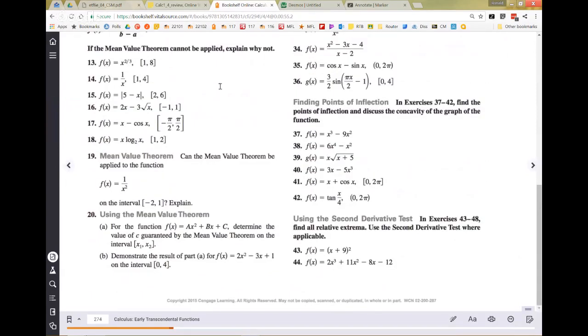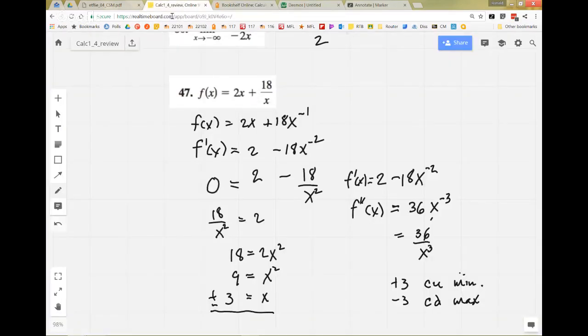Find all relative extrema. So the only thing I really need to do is to write relative max, relative min, and we're done. So 27, 59, 60, 47, I think those were the requests.